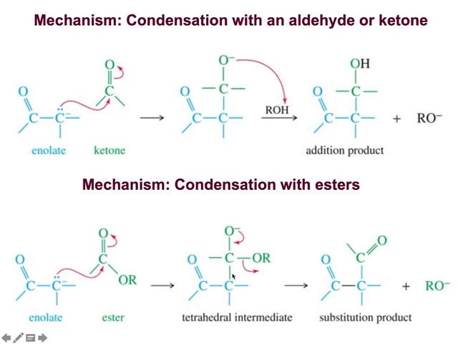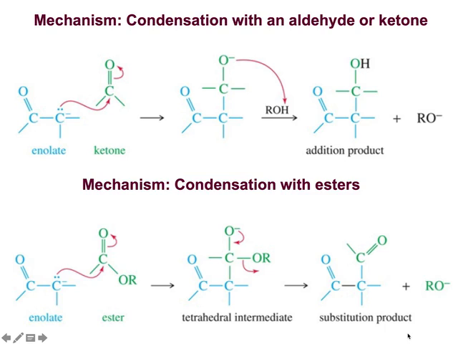After attack, the nucleophile will stay on the carbon. So the end product will have C double bond O and then this R group. How? Because the O minus, in an elimination step, forms the pi bond between C and O. So OR minus leaves from the C. That's why you get the substitution product.